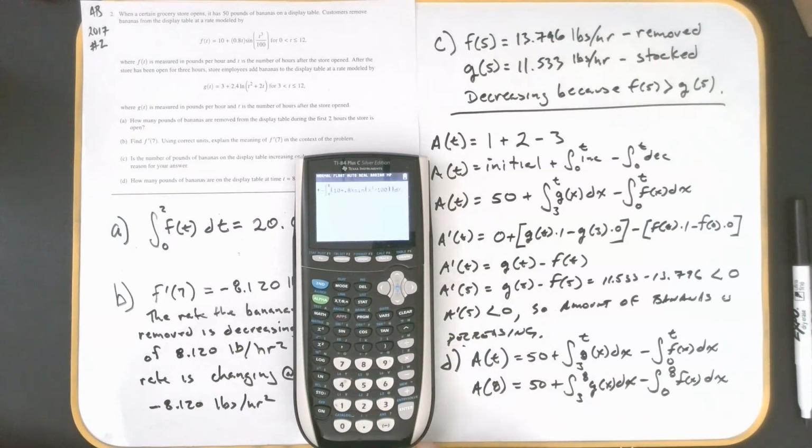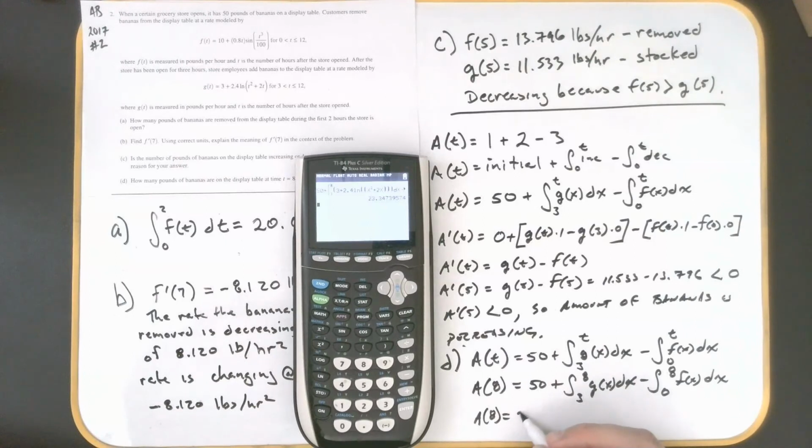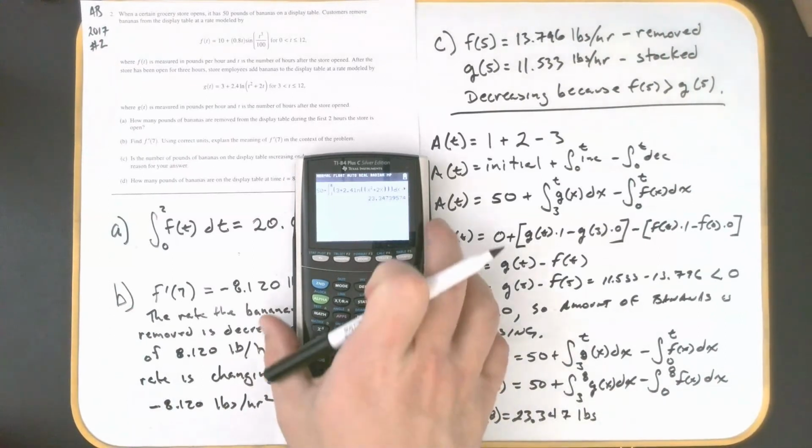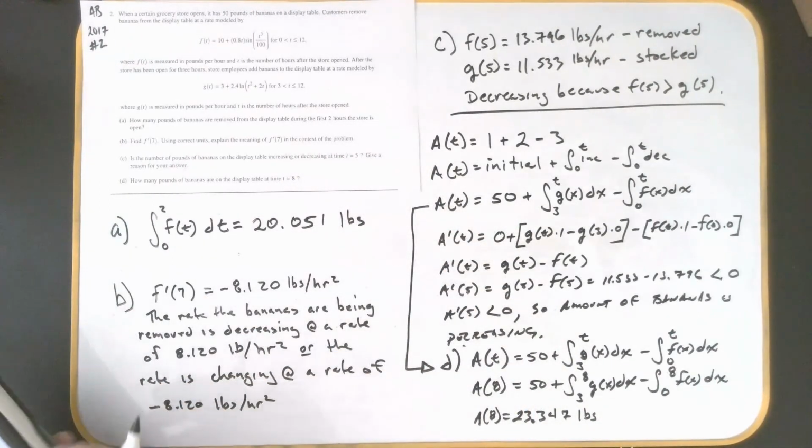So that's what it should be. We have 8 in there, and letting the calculator do the work for us, we wind up with A of 8 is equal to 23.347, and that would be pounds. And that is the final part of part D.